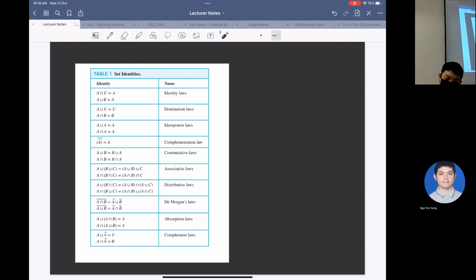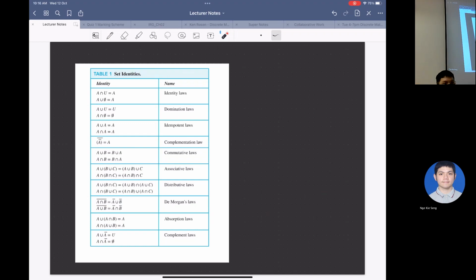Absorption law in set theory is more intuitive than the propositional one. If you take the intersection, it still lies inside A, right? So if you union with A, you still get the larger one. And if you take A union B, it may become bigger or remain the same.